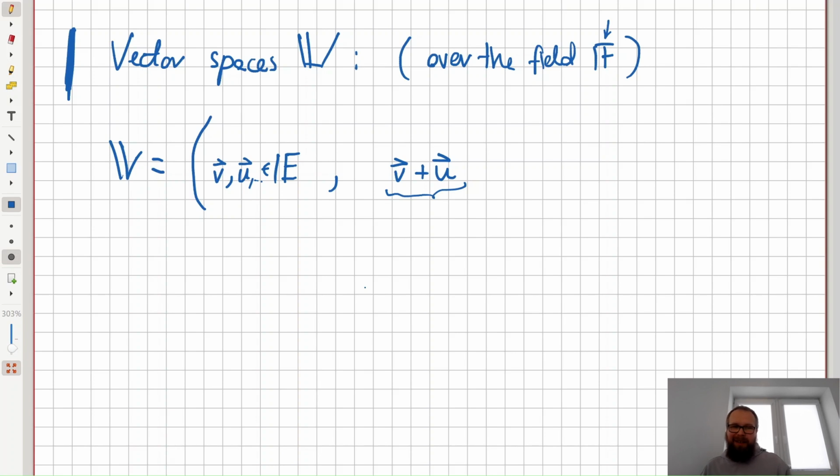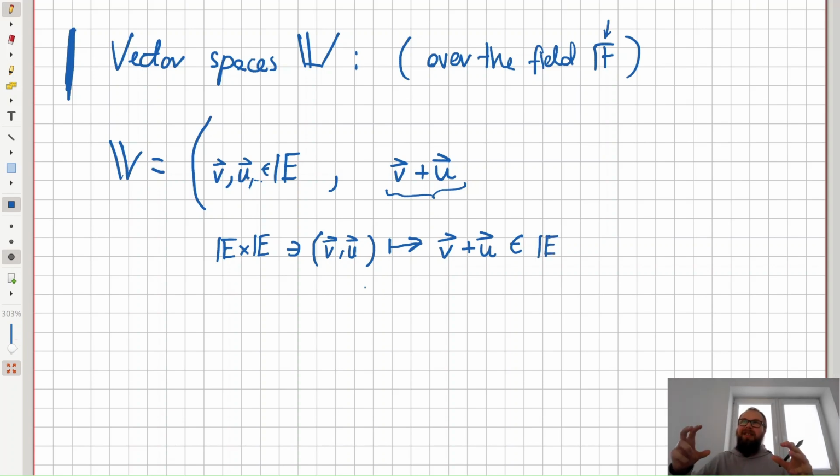You would say that there is a pair of arguments. You take this pair from E, Cartesian product of E, because you take two, right? Vector and vector, and you map them into a sum of vectors. And the thing about this, it has to live in E also.